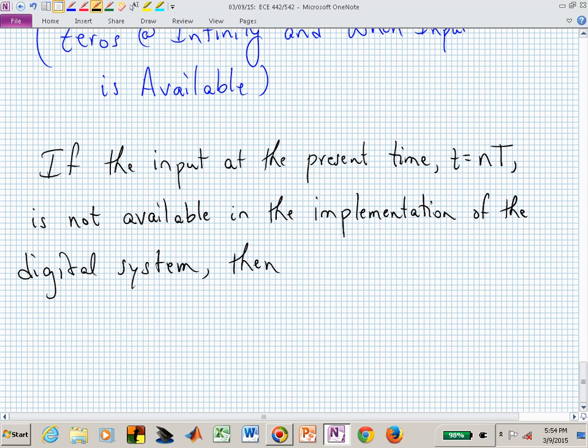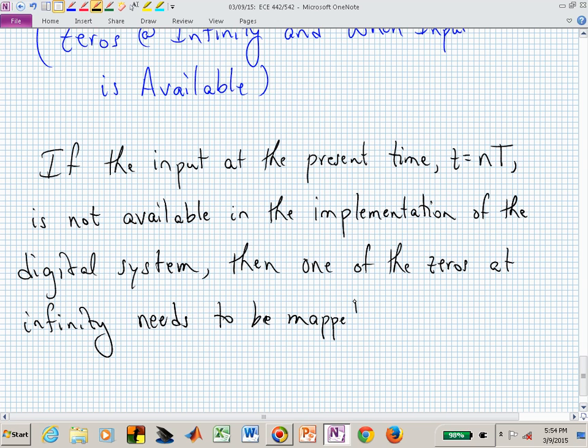So if the input at the present time is not available, then one of the zeros at infinity needs to actually be mapped to infinity and not this factor z plus 1.